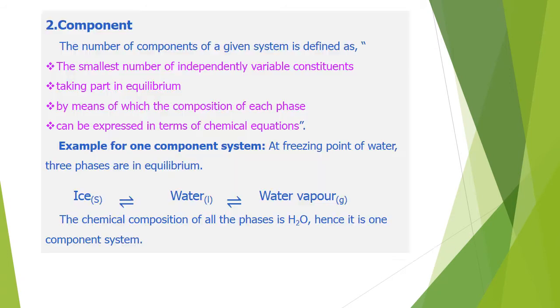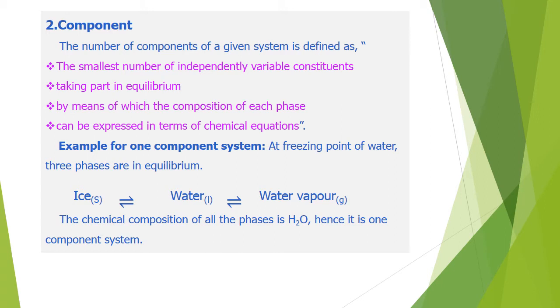Component. Let us define component. The number of components of a given system is defined as the smallest number of independently variable constituents, that is, a variable which is independent and which is taking part in the equilibrium, and by means of which each phase in the equilibrium can be defined by means of a chemical equation.